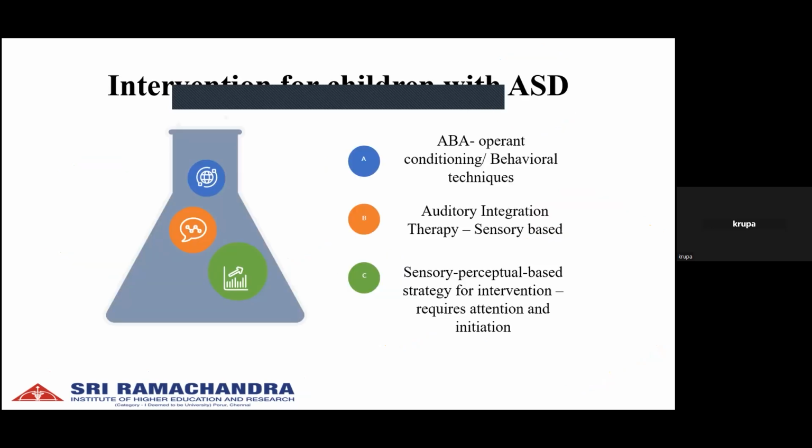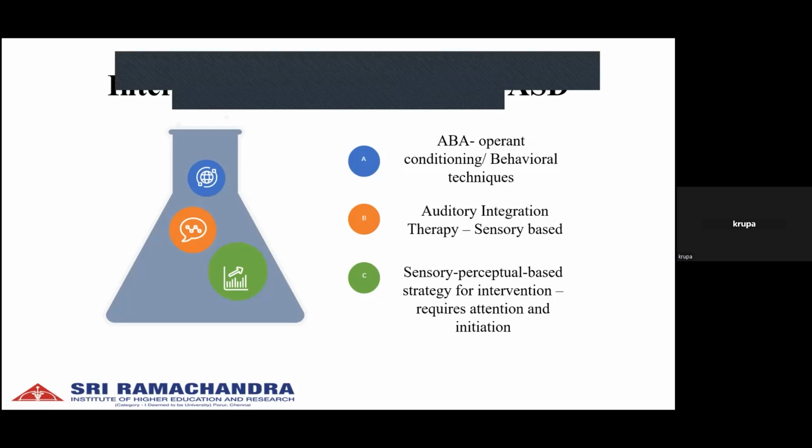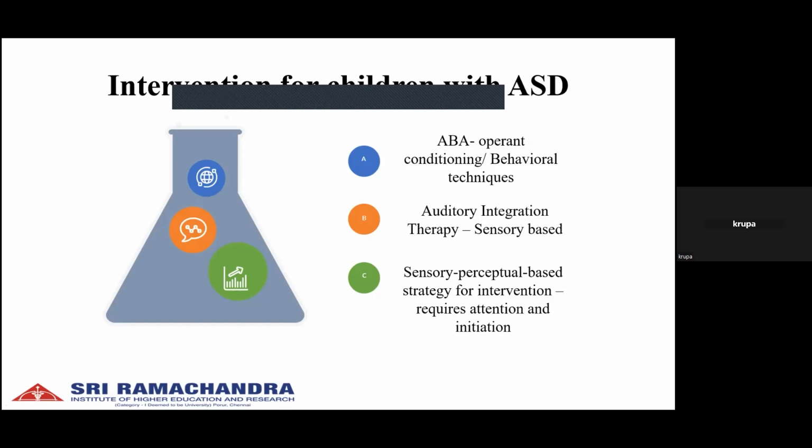Moving on to the intervention approaches for children with autism, most often, at least 70 to 80% of the time, behavioral techniques are on top of the table for intervening with children with autism. It could be language per se, or their behavior itself in behavior therapy. Everywhere, the operant conditioning principle of stimulus response and the reinforcement paradigm has been used.